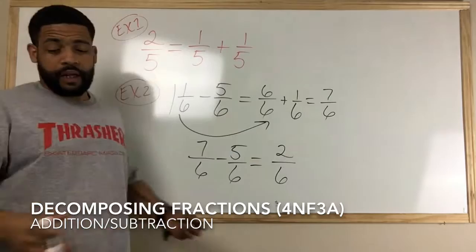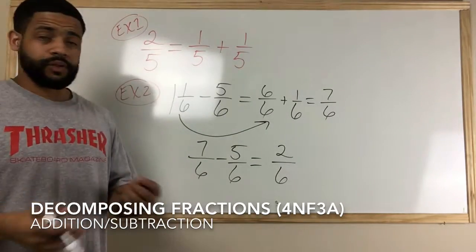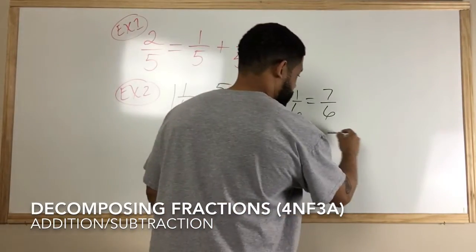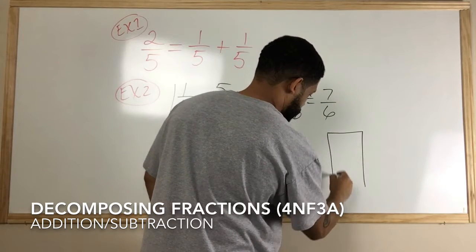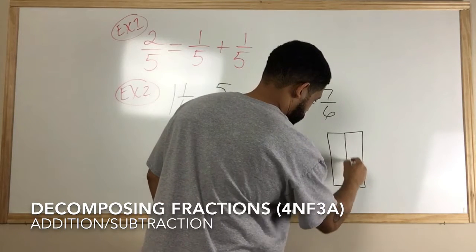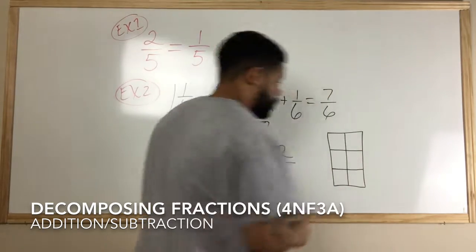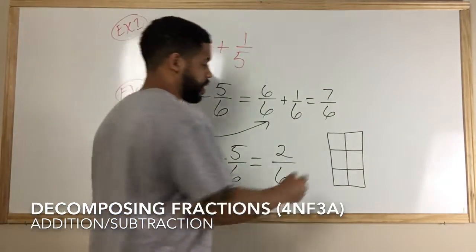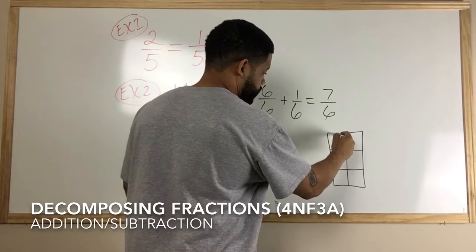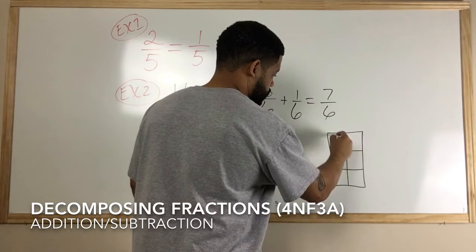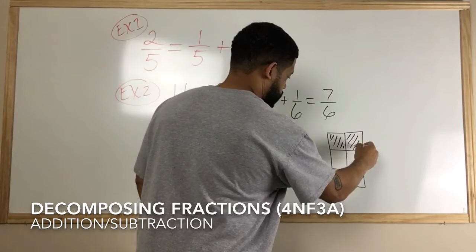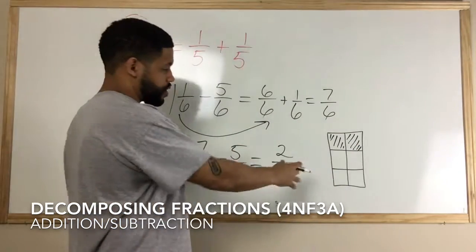Now, if we put a visual to 2/6, we can compare that. That's 2 out of 6 pieces.